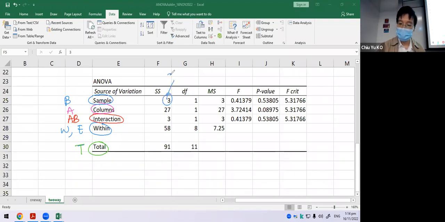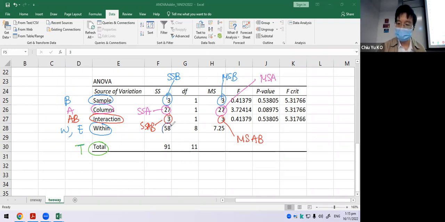SSB, this is just MSB. Similarly, this is SSAB and this is MSAB here. And this is SSA, and this is MSA.